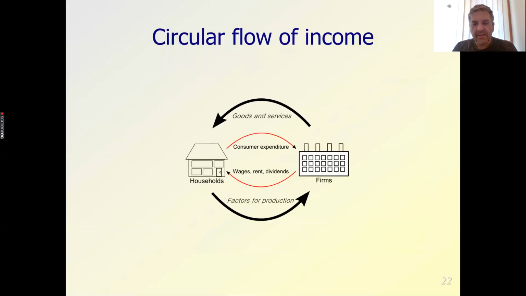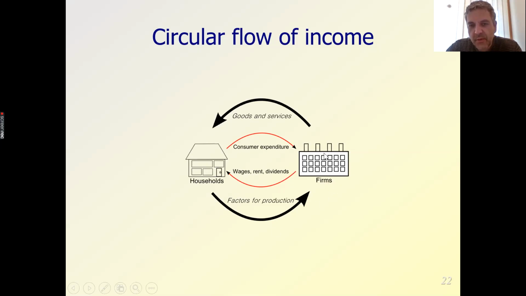And we said that basically, if we have a closed economy, an autarkic economy in which everything that is being produced is consumed, assuming that there's no government, no external sector, and no banking or financial institutions, then we will have a simple model like this one. Okay, so households provide factors of production.